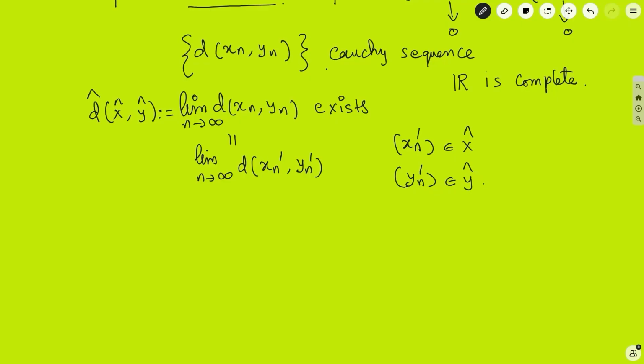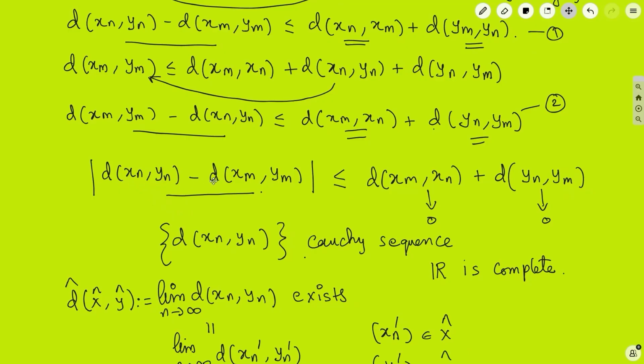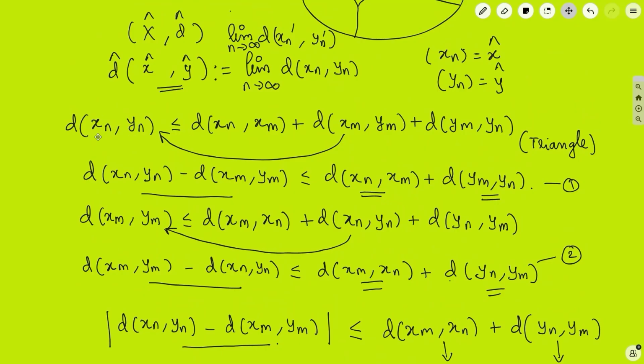Well, it's not too difficult because we have an inequality here, right? But here you see it's xn, yn, xm, ym. When we used the triangle inequality here, we introduced xm and ym to create it.